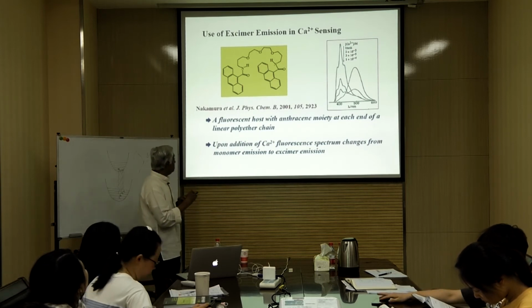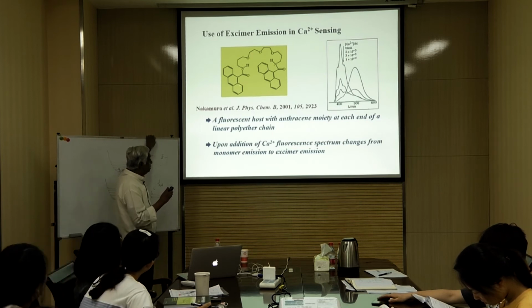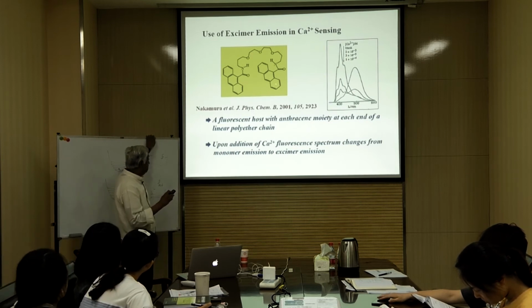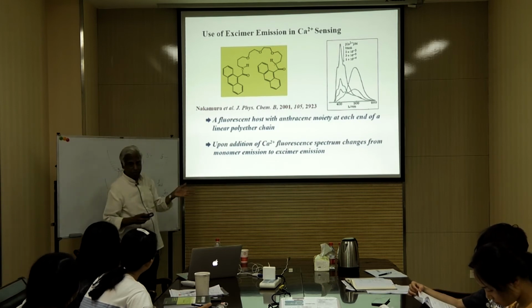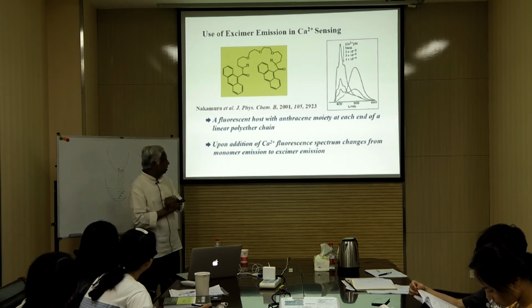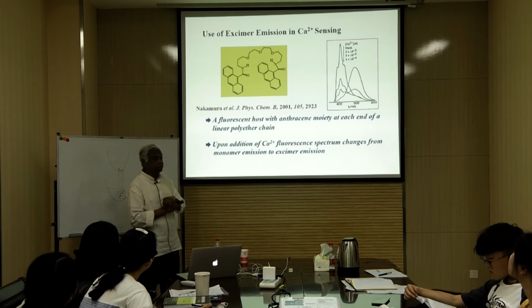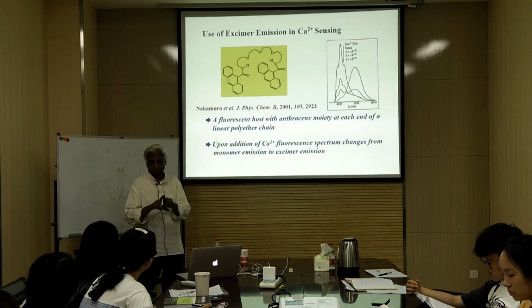Here, this compound is an anthracene and another anthracene. When these two anthracenes get closer, they form an excimer. That's what we talked about in the case of pyrene. Now, this is the monomer emission and this is the excimer emission. The ratio of monomer to excimer you can control.